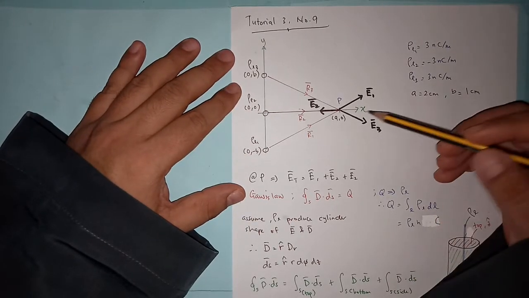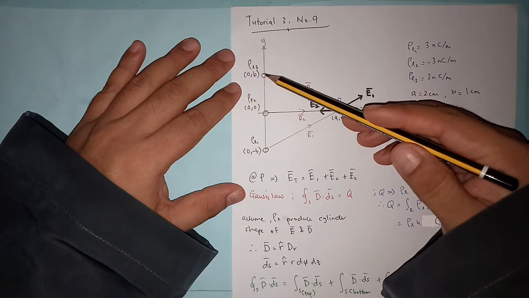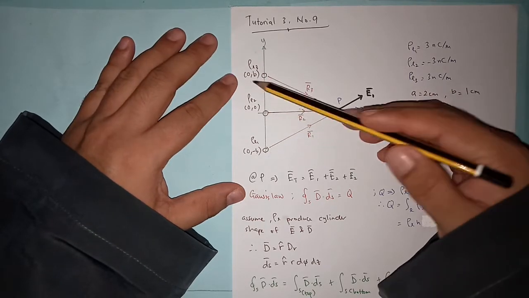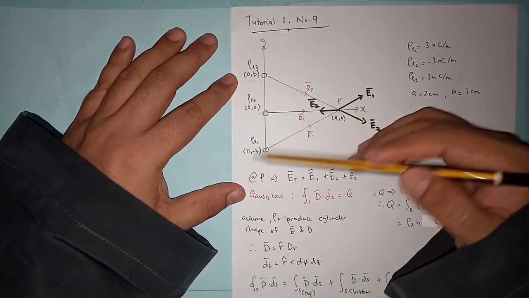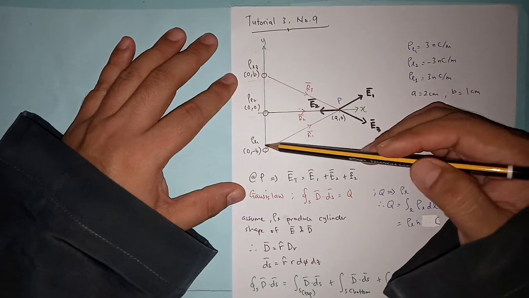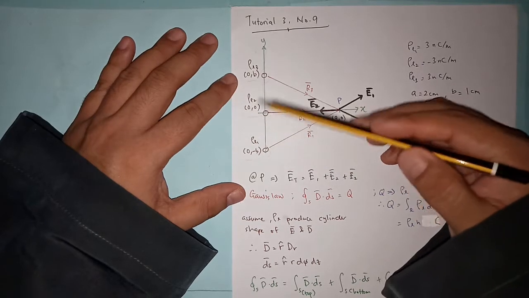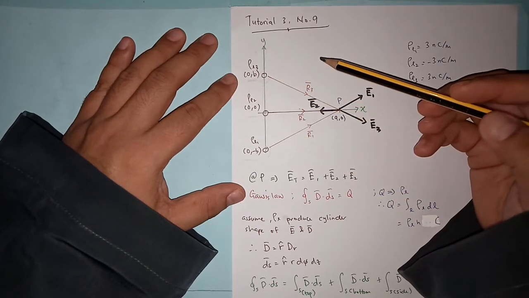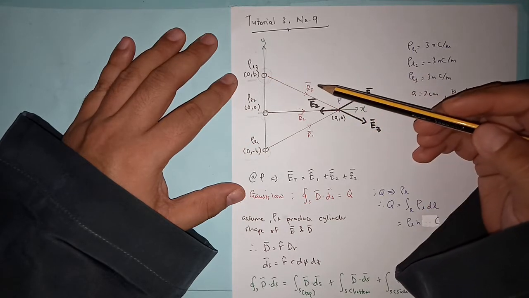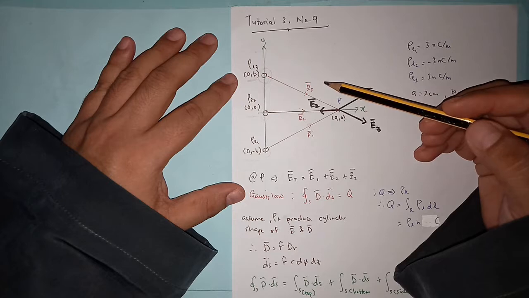Alright, in this question, we are given 3 line charge densities that reside on the y-axis, with coordinates as shown in this figure. These line charge densities are parallel with the z-axis.